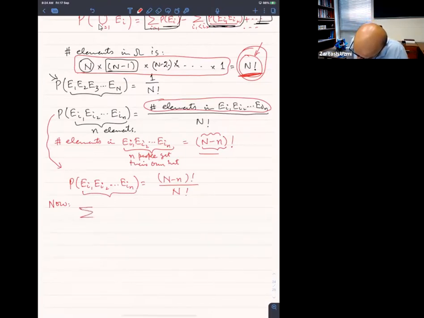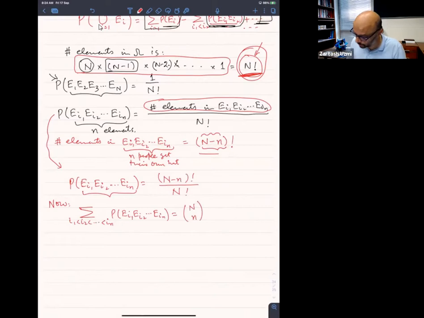So summation I1 less than I2 less than dot dot dot IN, probability of EI1, EI2 dot dot dot EIN would be equal to how many such terms are there? There are capital N choose small n terms. Okay.